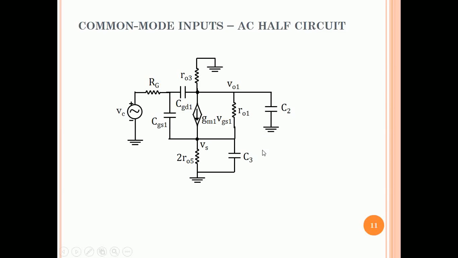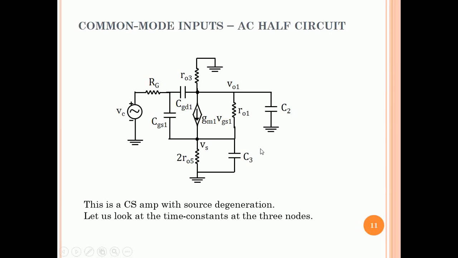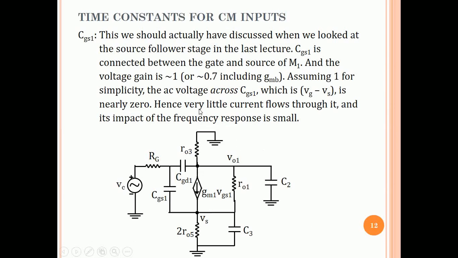Alright, so now we have three nodes. This node, and this node. Let us look at the time constants of the three nodes to kind of draw some very qualitative conclusions about this circuit. Alright, so we look at the time constants, actually not the three nodes, but the four capacitances is what we'll do. I'm sorry, not nodes.